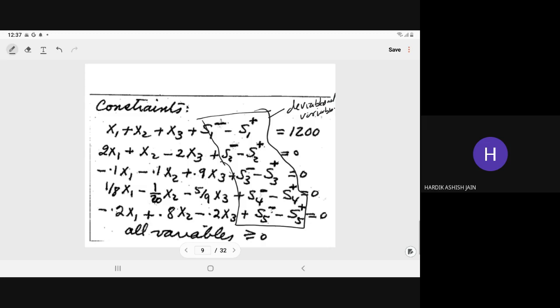If it is achieved, it may be overachieved or exactly achieved, so the deviation is 0 or positive. If it is underachieved, then the deviation is negative. So in this case, where we have the deviation, we convert the greater than or equal to into an equality.